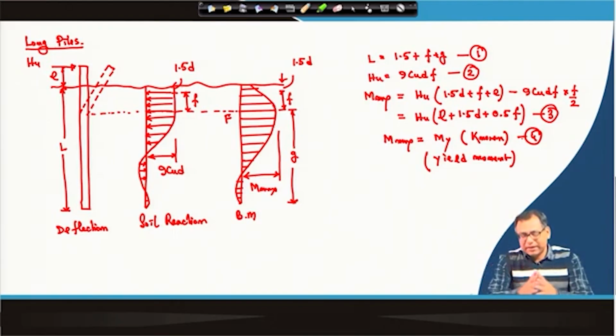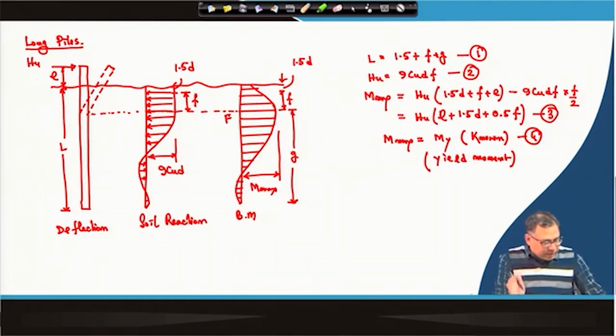So M max should be equal to the yield moment, and that gives us the fourth equation, and the yield moment is known for a particular pile. As M max is equal to M y and M y is known, we have 3 unknowns and 3 equations. So we can solve and we will get the HU value.